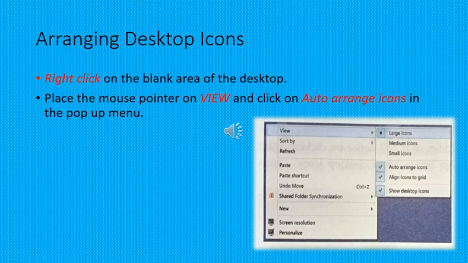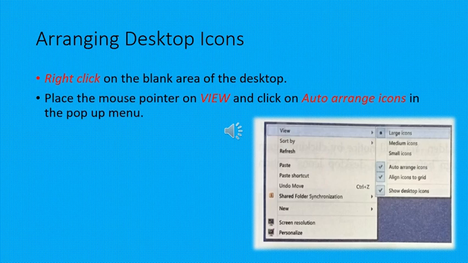Arranging desktop icons. Our desktop can have many icons. Sometimes they may be scattered here and there. To arrange them together, we can use the drag and drop method. It is the easiest method to arrange the desktop icons. Otherwise, we can right click on the blank area of the desktop.